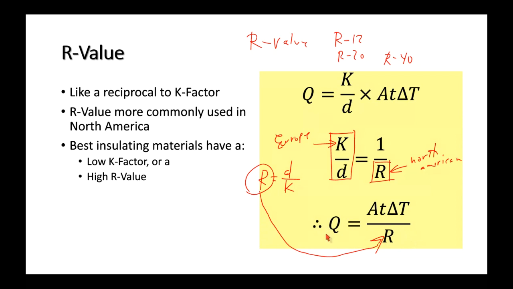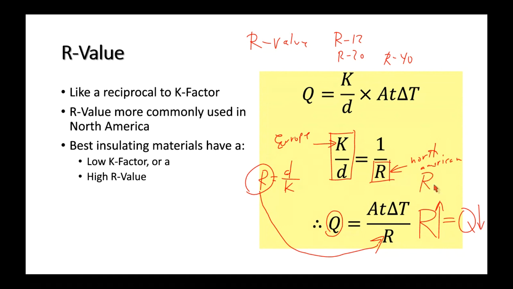So we say a good insulator should give you a very small Q. So in this case, if R is a very big value, then Q is small.